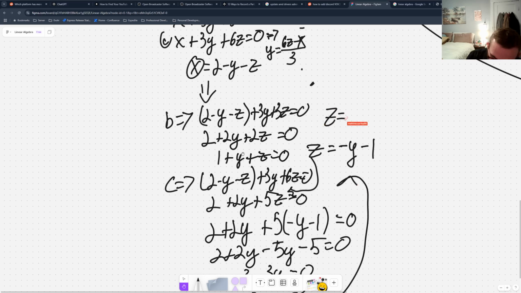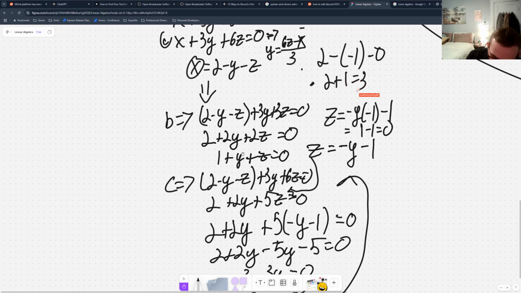z equals negative y minus 1, which is negative 1 times negative 1 is 1 minus 1 equals 0. And then x is 2 minus negative 1 minus 0 equals 2 plus 1 equals 3, right?